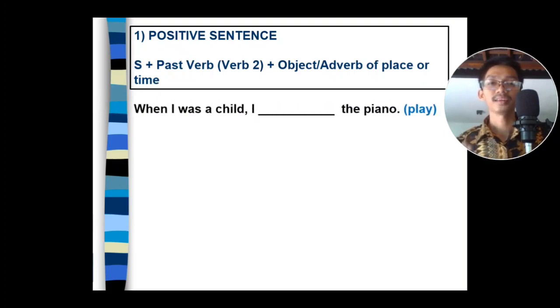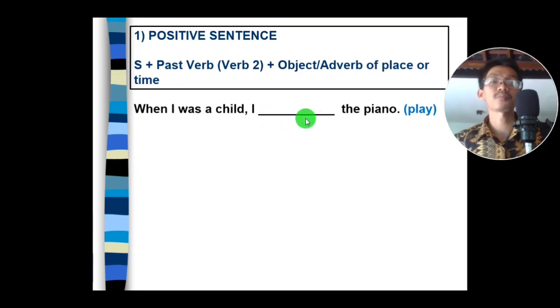I'll give you an example first. When I was a child, I blank the piano. This is the base verb, or verb 1. So what is the verb 2? Because it's when I was a child, it happened in the past, so we use past tense.